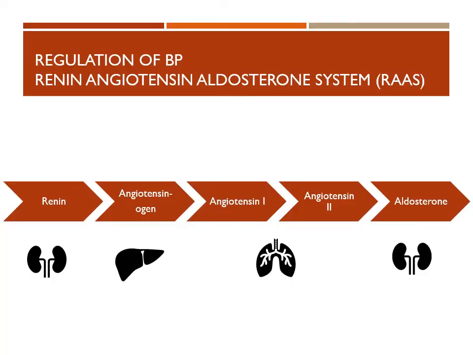So this slide is really a repetition. You can skip it if you want, but it's just a nice reminder of how the renin-angiotensin-aldosterone system is working. And remember, the trigger for this whole system is decreased kidney perfusion. The kidneys are sensing low blood pressure in their vessels, which leads to renin secretion.